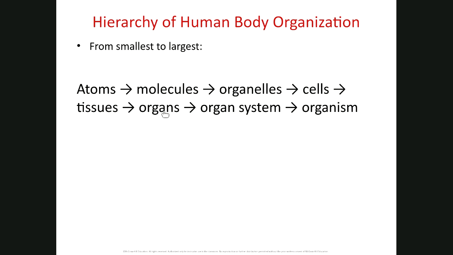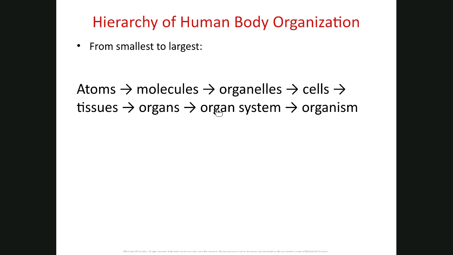All right, once you have a collection of organs that work to carry out a similar goal, then you can say you have an organ system, right? The digestive system has what? Stomach, small intestines, large intestines, the pancreas is part of the digestive system, and so on.